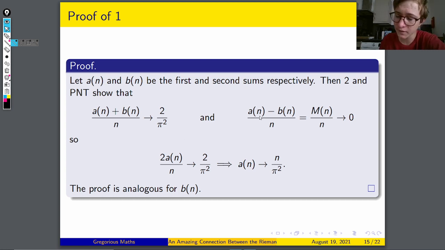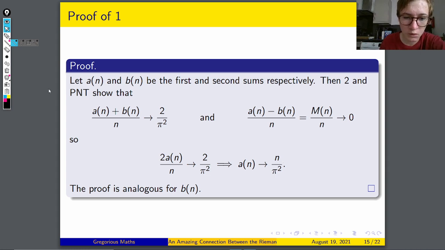And the prime number theorem, as we established at the very start of the video, states that when you subtract these two sums, you're going to get an alternating sum, so you're going to get the Mertens function of n over n. But the prime number theorem asserts that this is going to go to 0 as n goes to infinity.